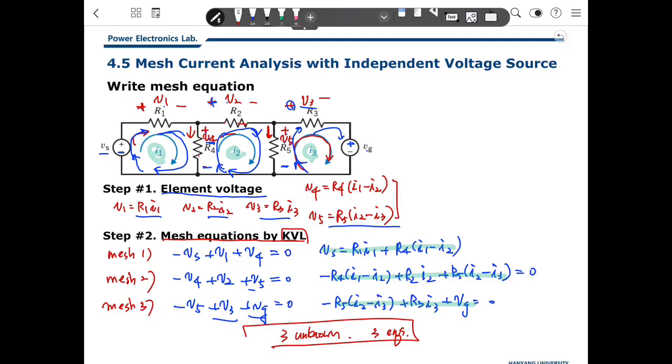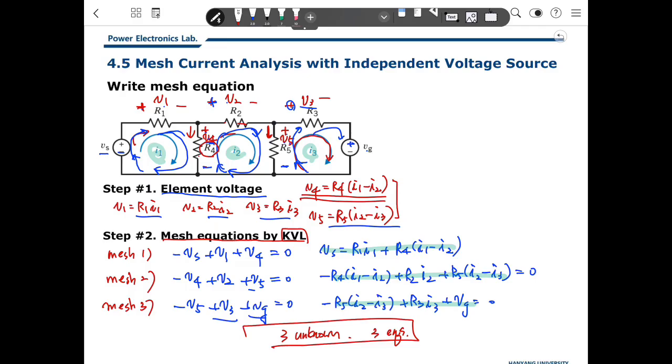But actually what we need is not the mesh current. We need the element voltage or element current. If we want to know the current going through R4, what should we do? At first, we can get V4 this way. And how about the current?